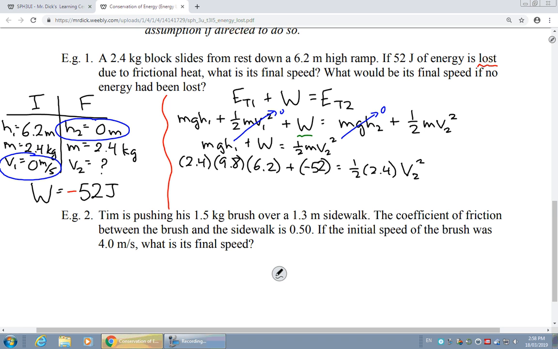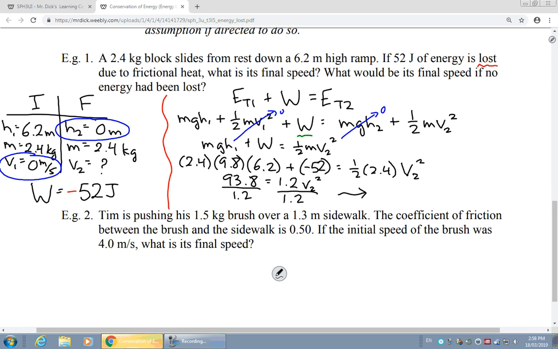If I simplify and bunch together all of the things I have on the left side of the equation, that gives me 93.8. On the other side then, if I multiply 1/2 times 2.4, I get 1.2, and then I still have my variable V2 being squared attached to that. So I can take another step and divide both sides by 1.2. I'm going to write mine to the side now.